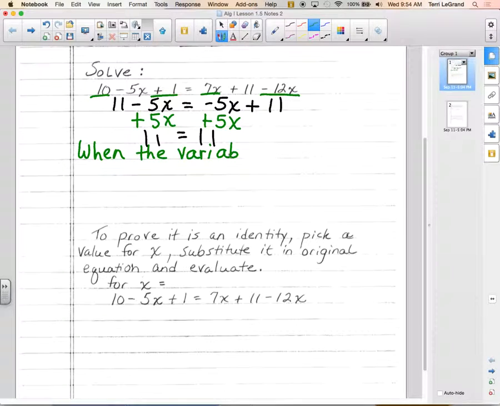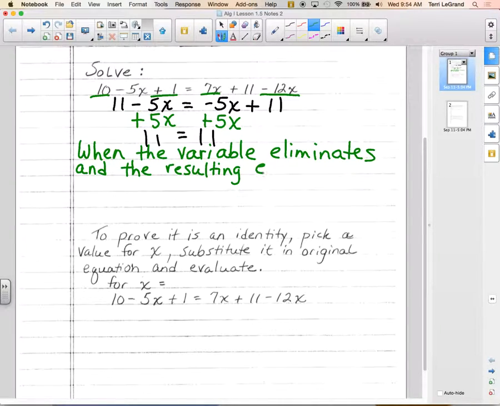So when the variable eliminates, that's what happened here. It's gone. It didn't just eliminate on one side, it eliminated on both sides. So when the variable eliminates and the resulting statement, the resulting equation, it's a mathematical statement, the resulting equation is true, like it is here, right?